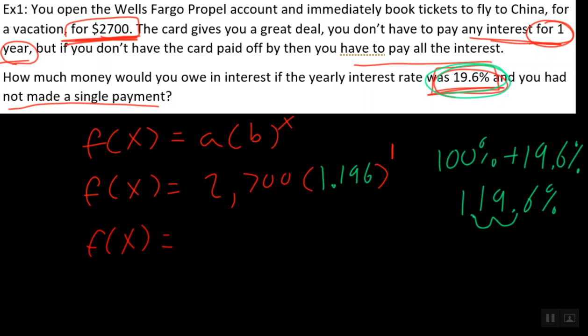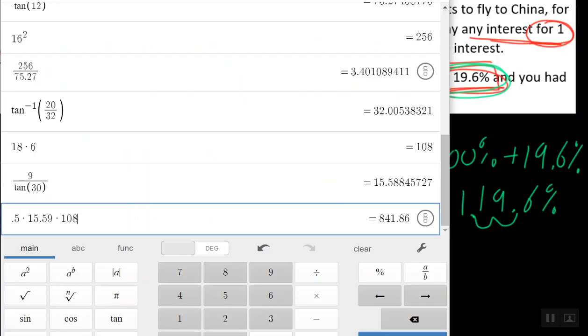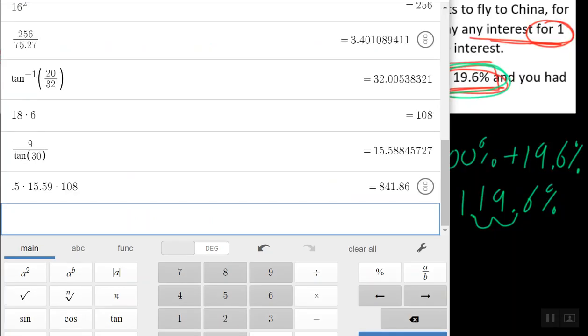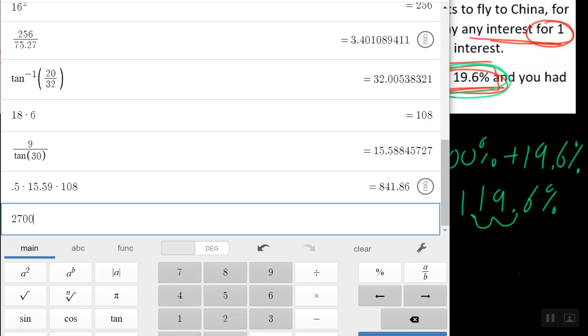Let's go to our Desmos. Let me shrink this into the window. We owe 2,700, and then we're going to write parentheses, and our rate here is 1.196, and then we close our parentheses, and we push this a to the power of b, and we'll just type 1 in for this case.